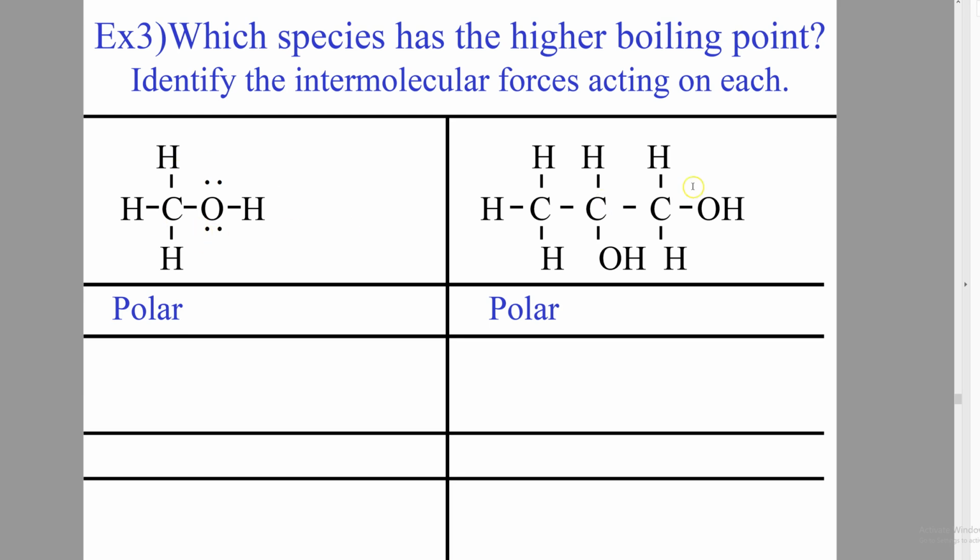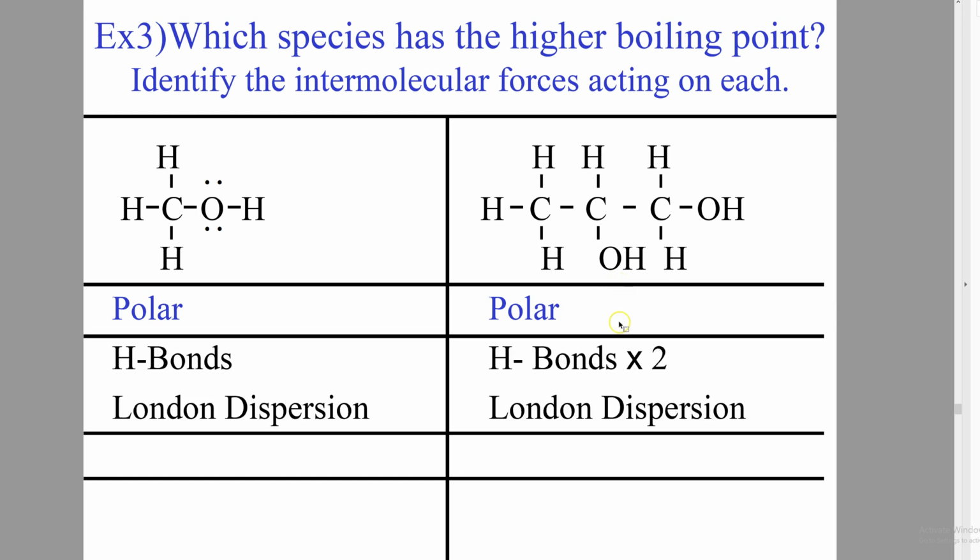If you take a look at the OH here, you can tell that because they have that OH, it's going to have that tug on the electrons, creating a polar molecule. We also identify a hydrogen bond right here at the OH, and we also have London dispersion forces in this specific case.